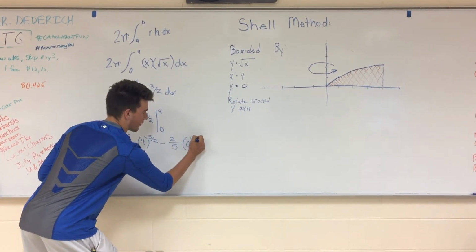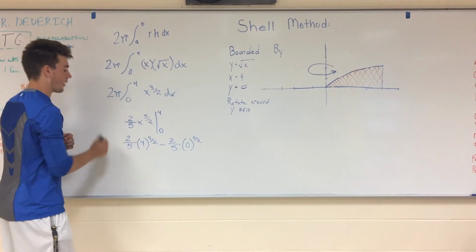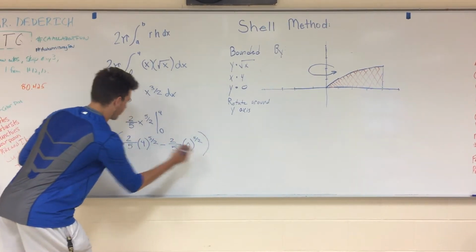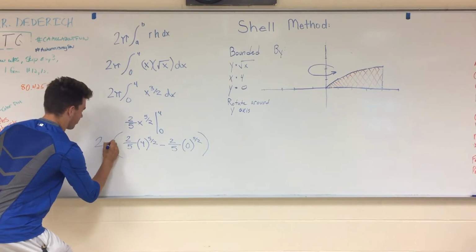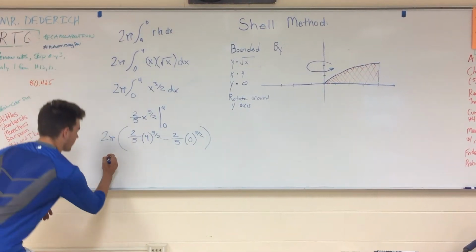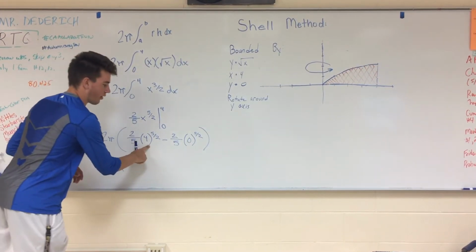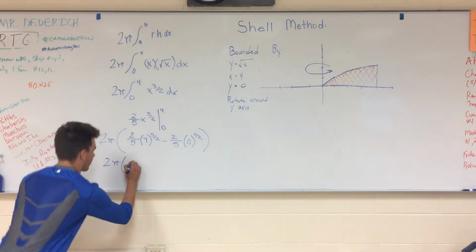to the 5/2 power. But before we continue on, we've got to make sure we don't leave this 2 pi behind. So next we have 2 pi times the difference of 12.8 minus 0.